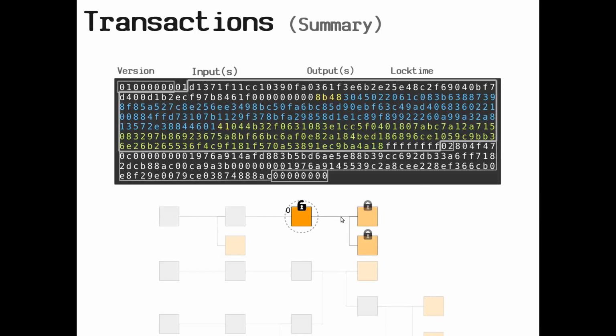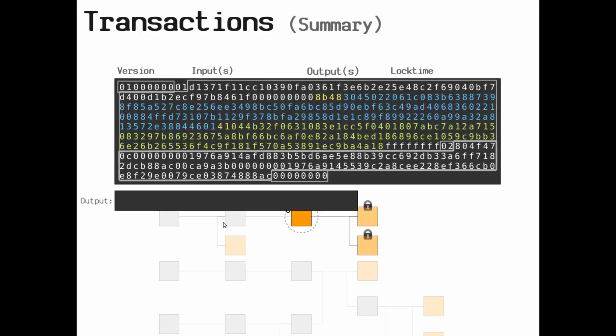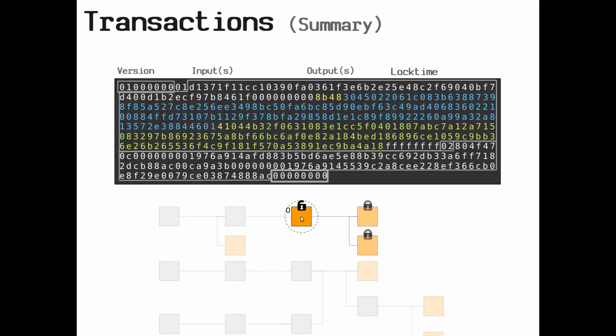Next we have outputs, which have their own structure again, but quite simple. They just have a value which is 8 bytes long. Then a variable integer tells you the size of the upcoming locking code, which is called the script pub key. And finally you have the lock time, and that is a transaction. They're all the same.